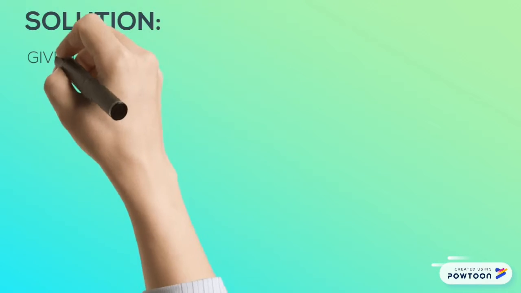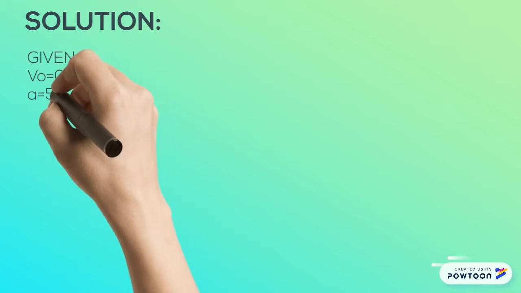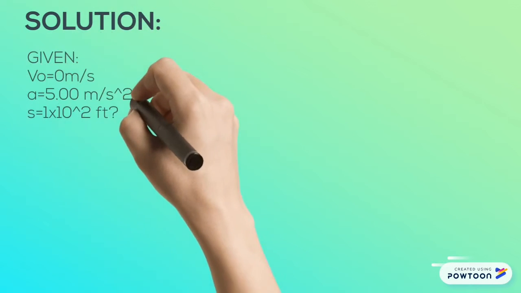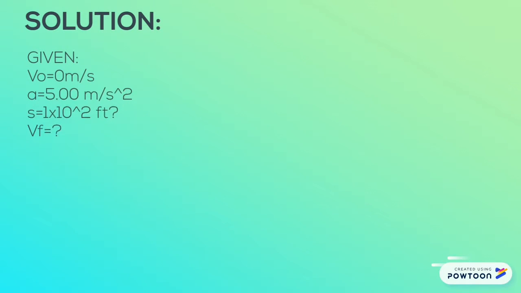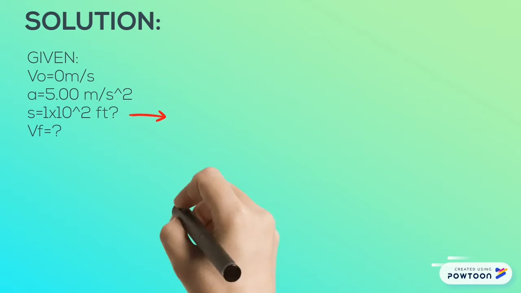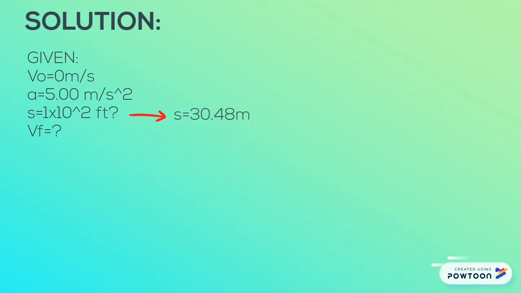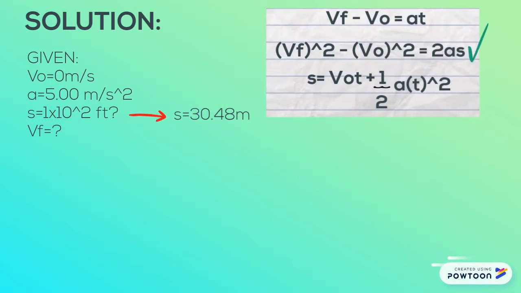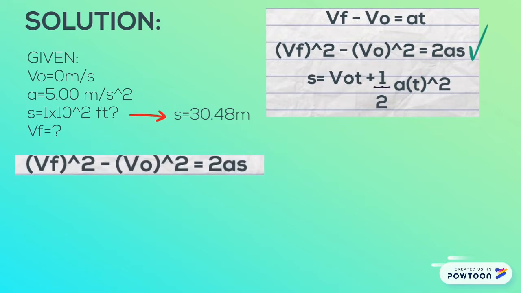The givens are initial velocity is 0, acceleration is 5 meters per second squared, distance is 1 times 10 raised to 2 feet. So the question is, what is the final velocity? We must first convert the distance into meters. So 1 times 10 raised to 2 feet is equivalent to 30.48 meters. So the formula that we will use is also the second one. So let's place all the values and solve.